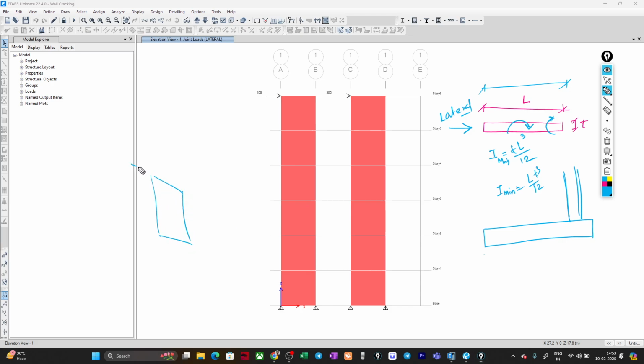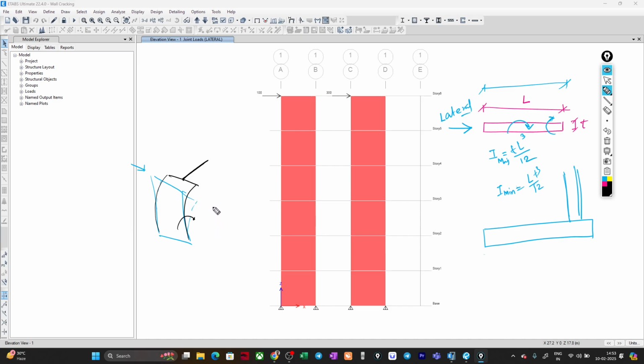Okay, so generally this is the kind of in plane bending we are expecting, through which it will be resisting the lateral forces. But if there is a chance of bending in the other direction, I mean the minor axis, due to the connected beams and floors, in this case you need to consider that stiffness also, and design the wall for the out of plane bending as well.